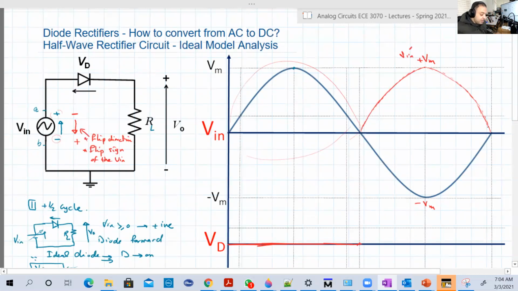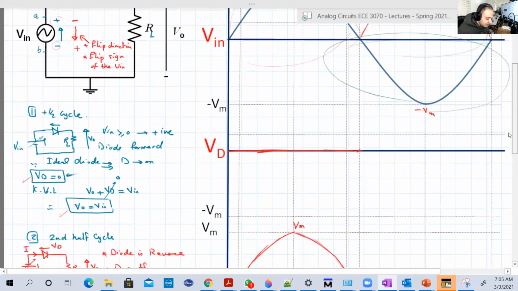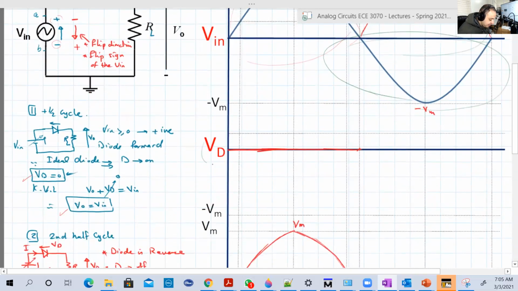So just take this dome here and flip it. Or if you work with the original polarity, positive at A and negative at B all the time, then VD will be equal to Vin, not minus Vin dash, I'm sorry, Vin. So you're gonna take this negative half cycle and just copy paste it here in VD. So let's do that.